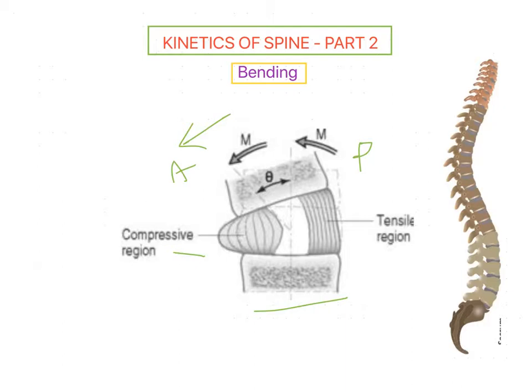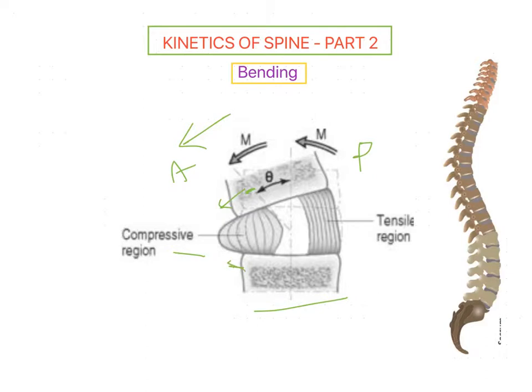In which region is the compression taking place and in which is the tension taking place? In forward flexion, the superior vertebral body moves forward over the inferior vertebral body.